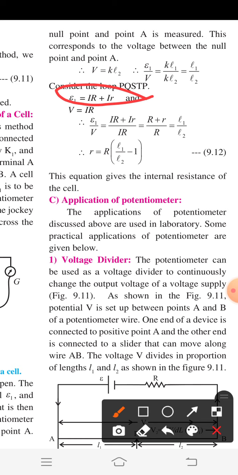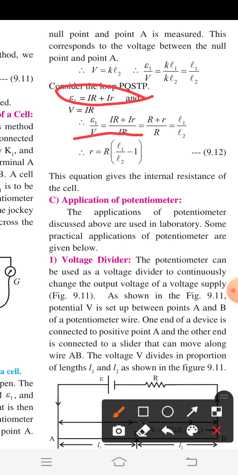Therefore, if we divide the equation E1 equals I R plus I r by V equals I R, we get E1 upon V is equal to I R plus I r divided by I R. Therefore, E1 upon V is equal to R plus r divided by R. That is one of the equations.